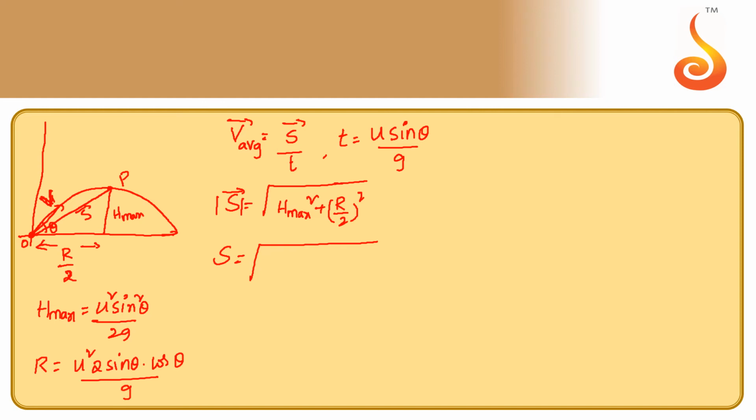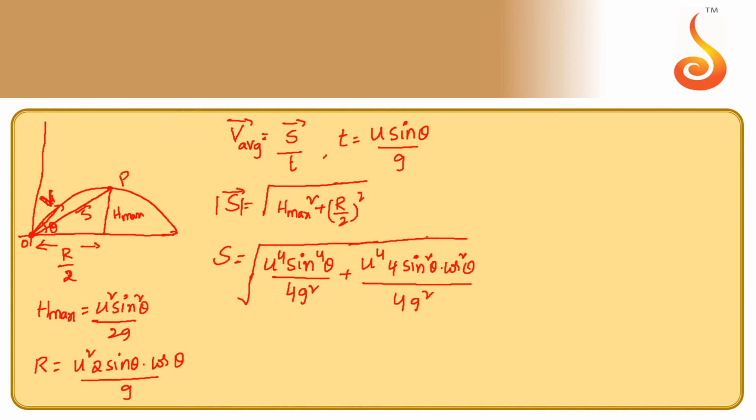So let us substitute here. H max square, that is nothing but u power 4 sine power 4 theta by 4g square plus r by 2 whole square, which is nothing but u power 4 sine square theta cos square theta by 4g square.